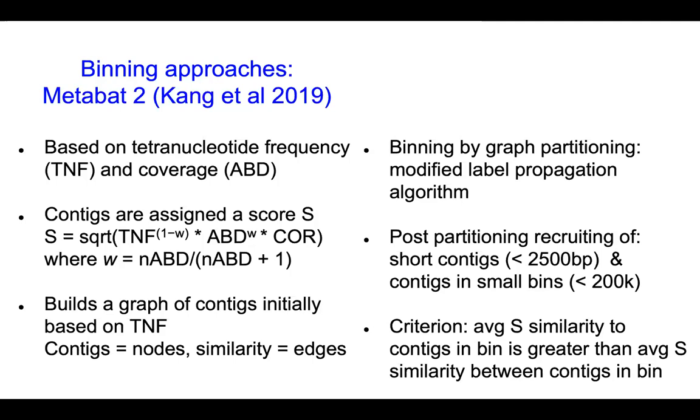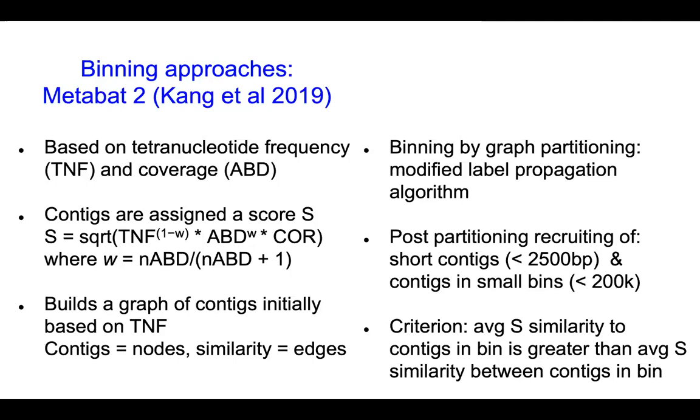So base 1 to 4, base 2 to 5, base 3 to 6, etc. And then count what the frequency of every possible tetramer is on that contig. This will group contigs that are similar and split contigs apart that are dissimilar.